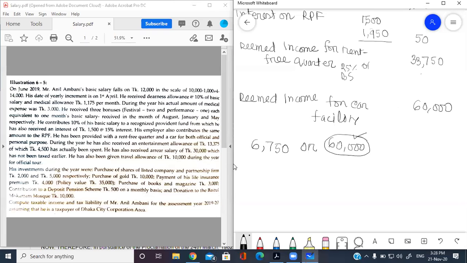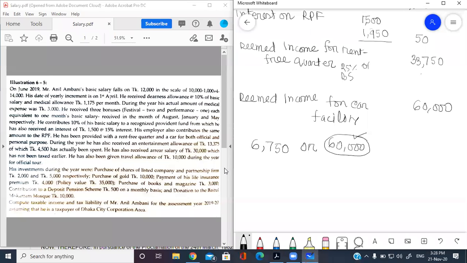So, Ishma Mohammed Opurbo, would you like to say something? Yes, sir. Sir, what does deemed income mean here? Deemed income means when you are converting a non-monetary facility. Can you recall the perquisite?